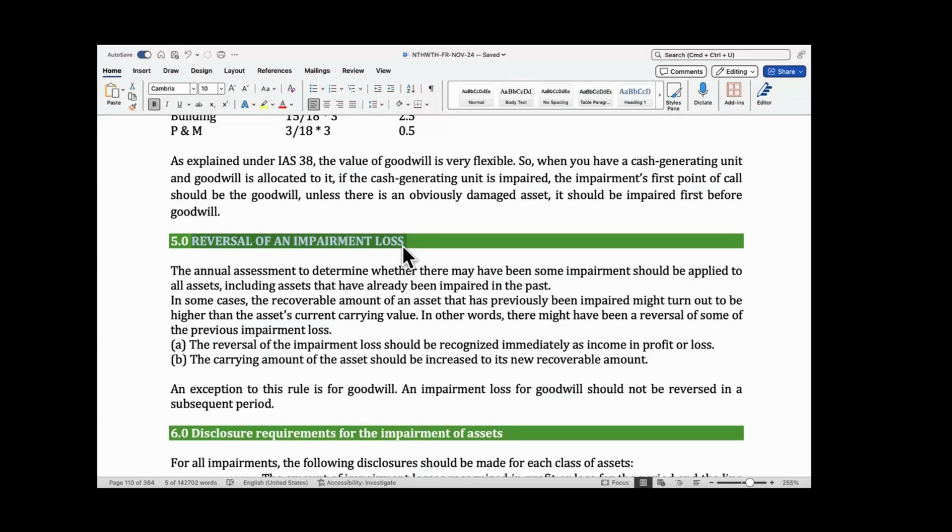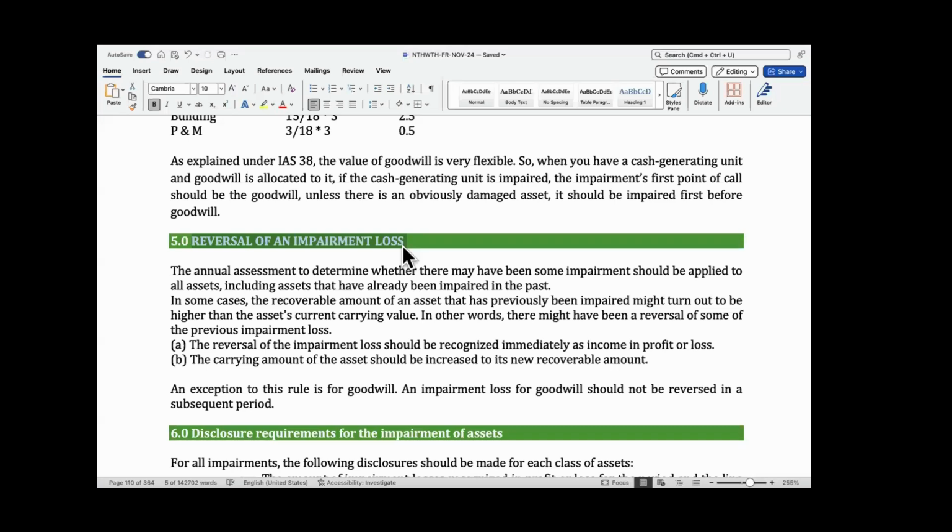So when there is a reversal of impairment, you take it to P or L immediately. And of course, the other leg is that you're going to now increase the value of the asset to its recoverable amount.